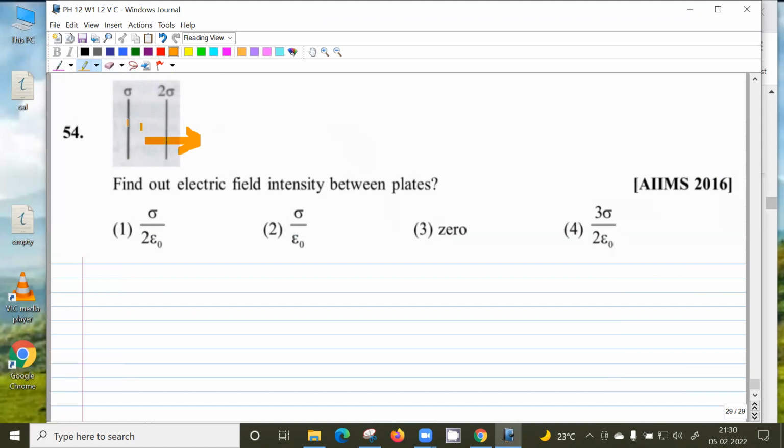What about the other one, 2 sigma? Because of sigma, it is sigma by 2 epsilon naught. Because of 2 sigma, it will be 2 sigma by 2 epsilon naught, and the direction will be this way. So what is the sum of these two?